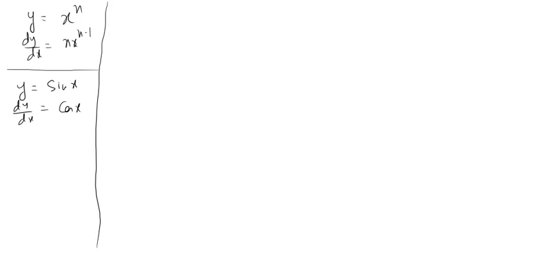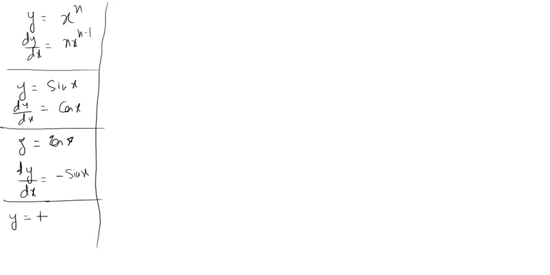For y equal to cos x, dy by dx is minus sin x. For y equal to tan x, dy by dx is sec square x. For y equal to e to the power x, dy by dx is e to the power x.